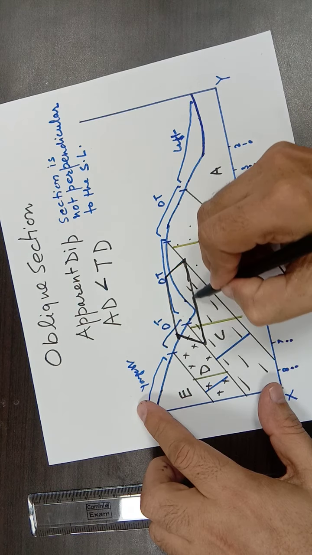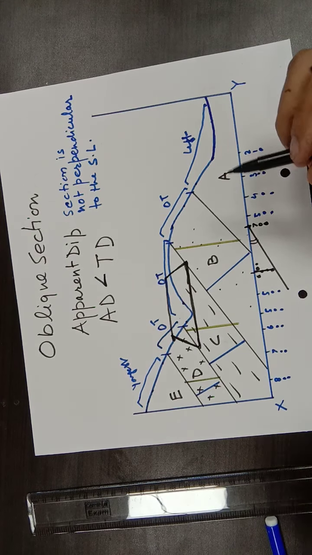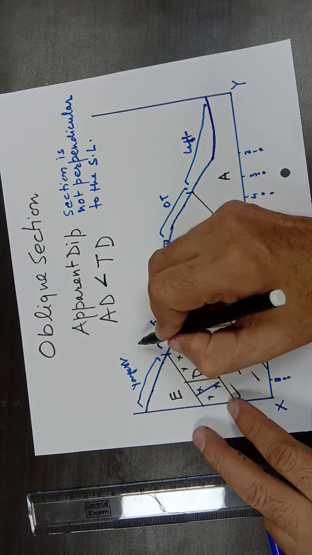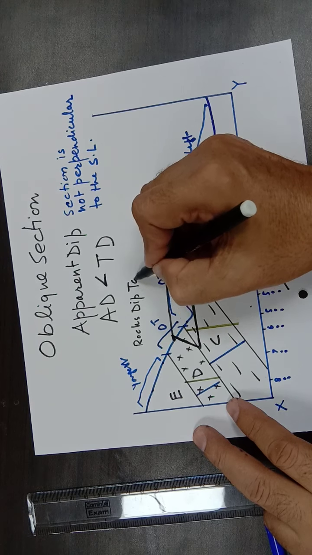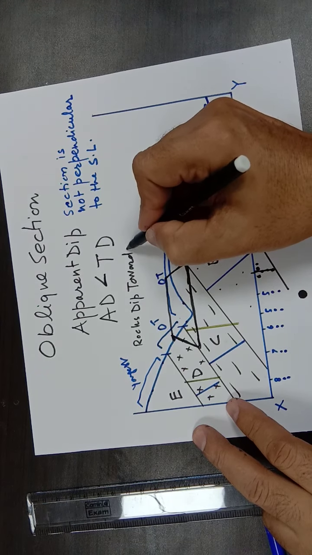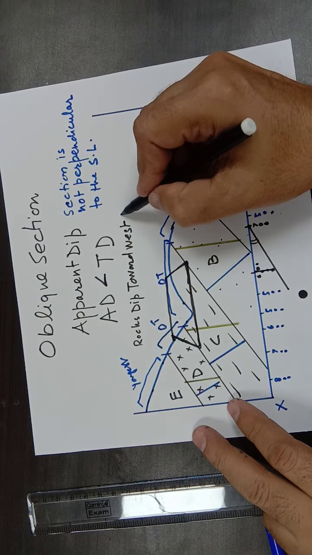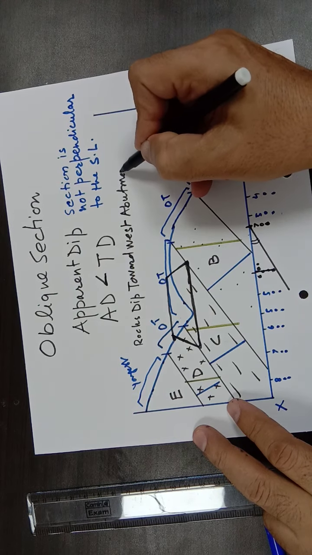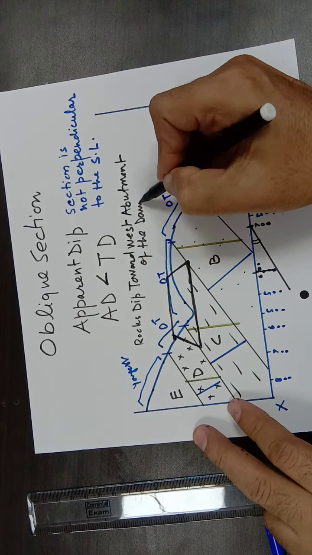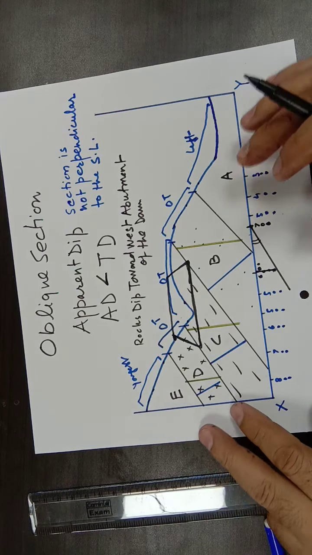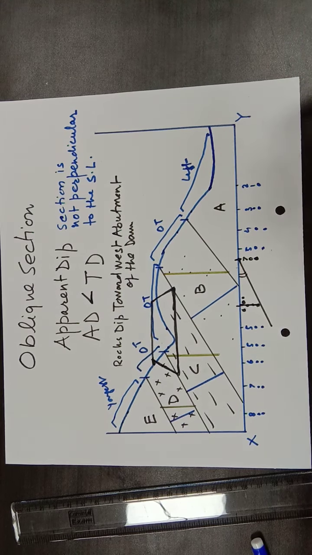So you can see that the rocks in the foundation of the dam are dipping towards the west abutment of the dam. So this is just an example. This is how we have solved this oblique section.